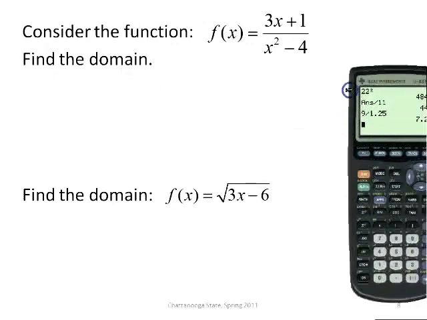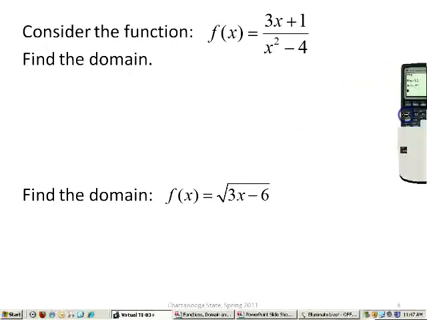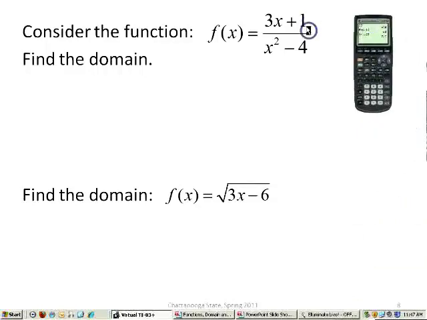Now here's a function that's not a polynomial function. This is what we call a rational function because it's written in the form of a fraction. Rational functions, like the first one, and radical functions like the second one, we have to be really careful about our domain. Because when we have a fraction, we have to avoid having a 0 in the denominator.